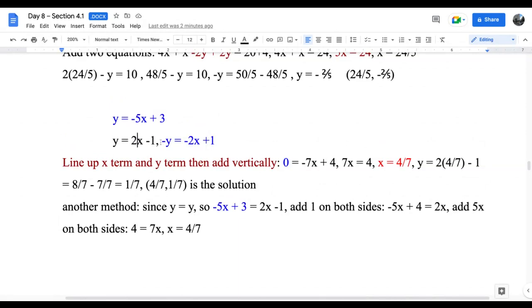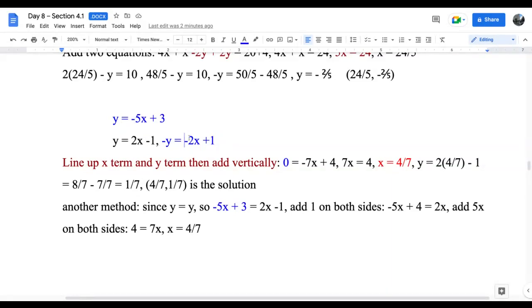If you don't want to use subtraction, you want addition, you need to change this y to negative y, which means you need to multiply all 3 terms by negative 1. Then it becomes negative y equals negative 2x plus 1. Now you can add, right? y plus negative y equals 0.